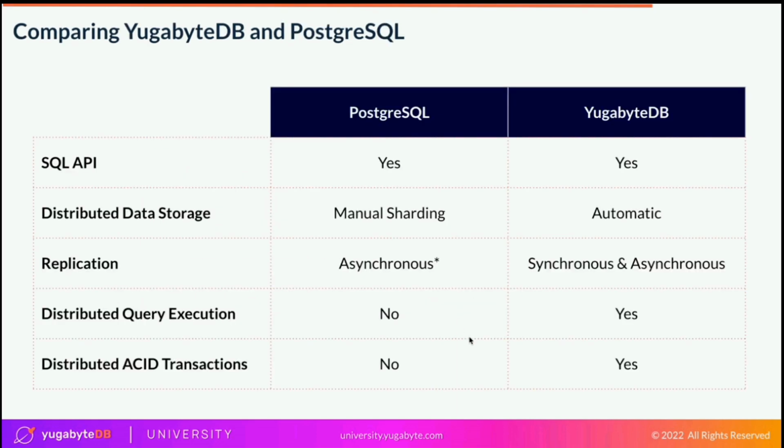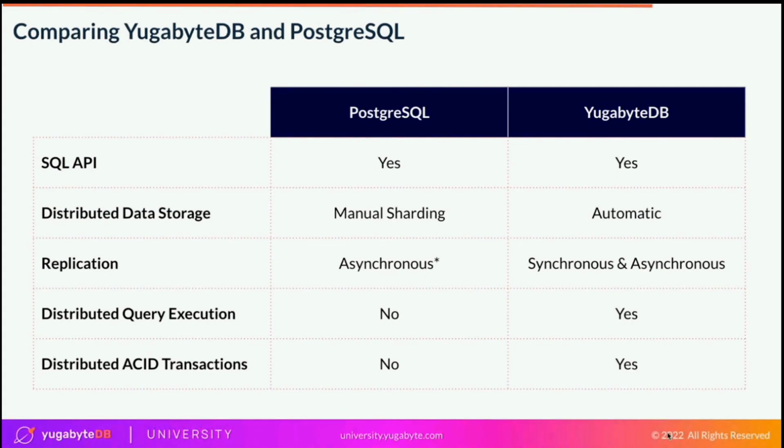So when we compare those two, YugabyteDB and PostgreSQL, both of them, of course, have an SQL API. But when we get into things like distributed storage, when you want to horizontally scale or scale out, when you want to go from 100 gigs or a terabyte of data to 10 terabytes of data or 100 terabytes of data, that's where for PostgreSQL the road ends, and there's just a cliff.